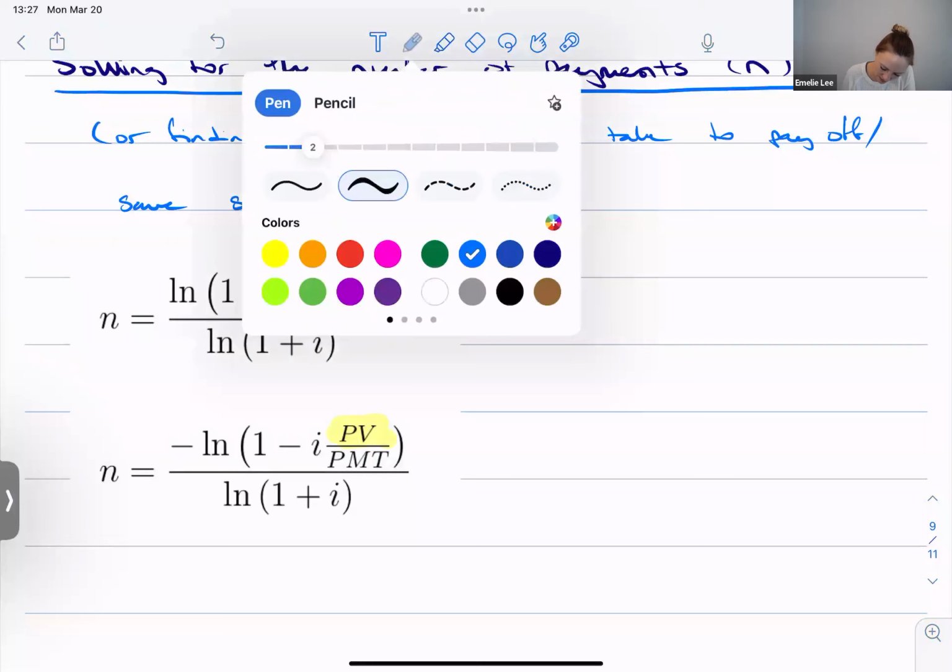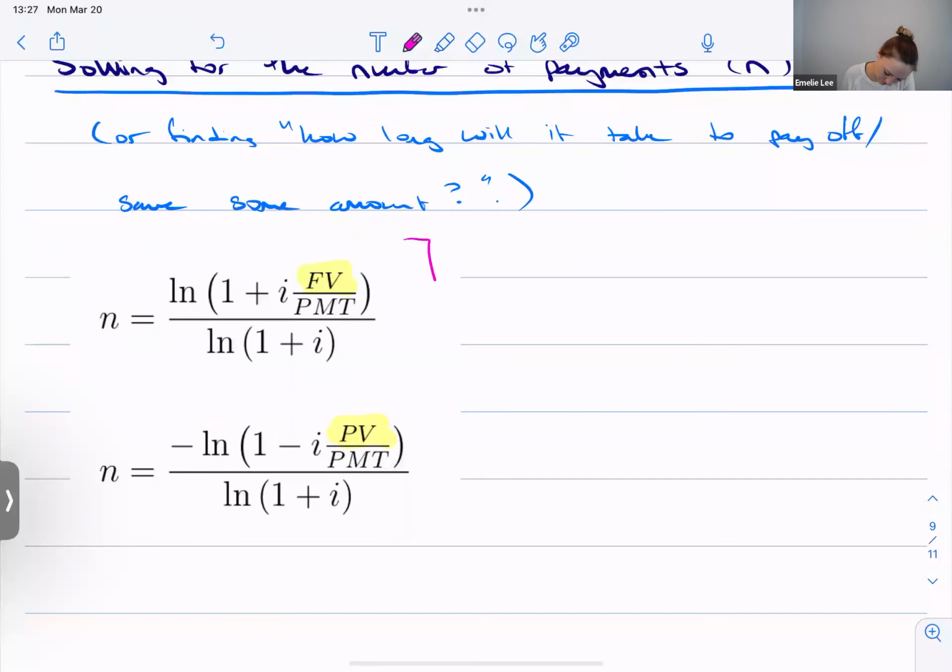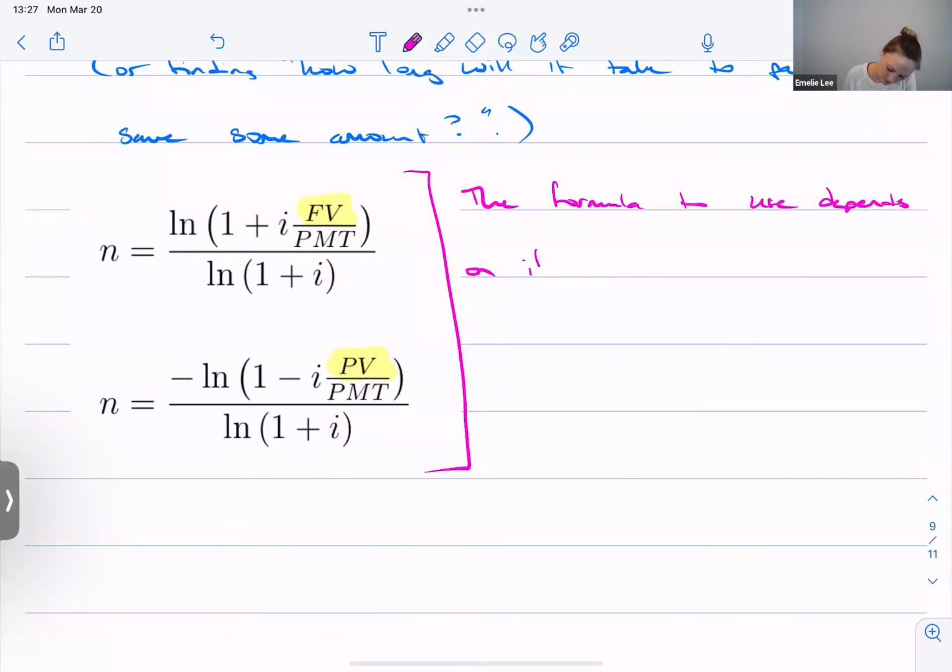And so the formula to use depends on if we know the future value or the present value. Okay.